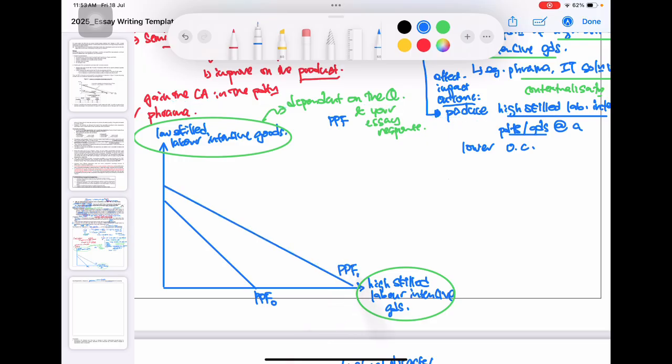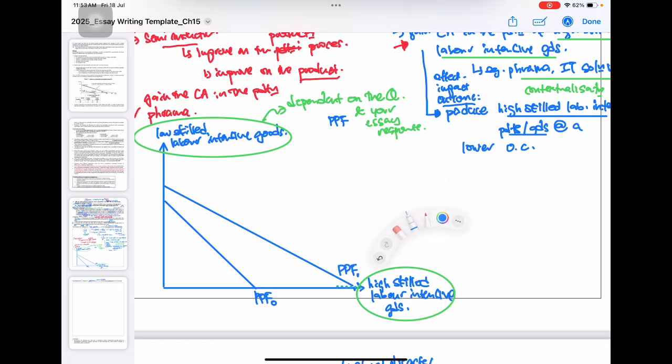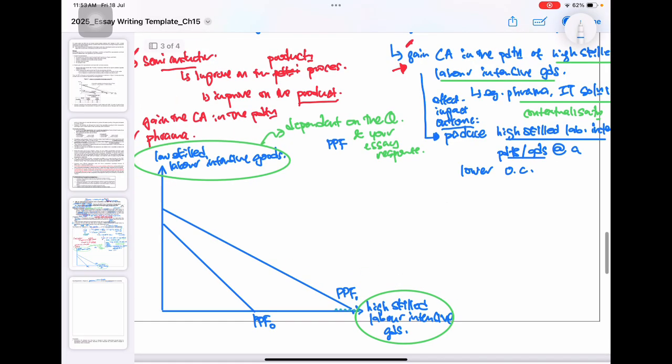PPF 1. By showing that the PPF shifted upwards, the country actually gained. So this is the theoretical explanation that you gave over here. The country gained the CA in the production of high-skilled goods. Therefore, your PPF shifted upwards with a higher increase in the amount of high-skilled labor-intensive goods that you are producing.